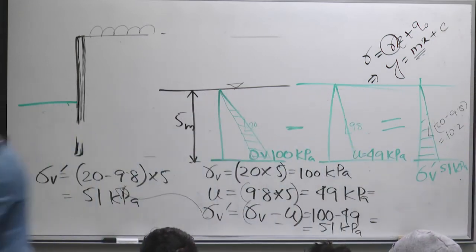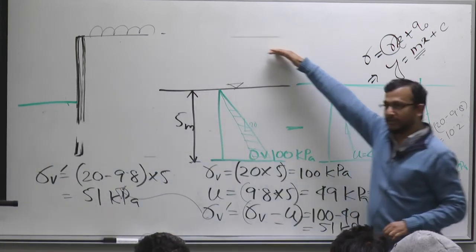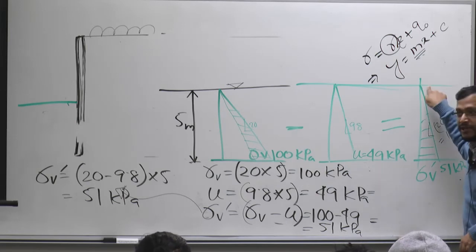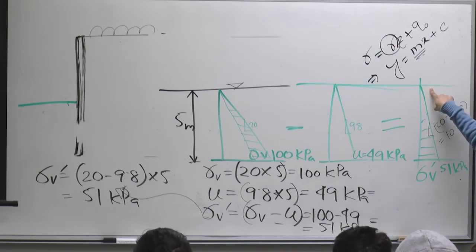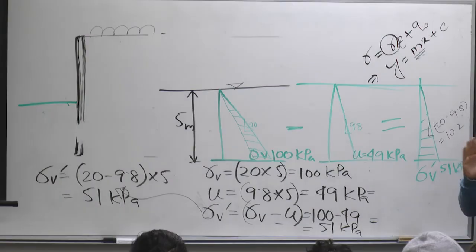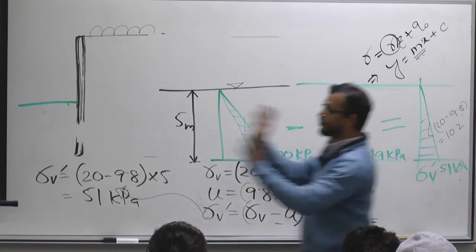Something like that. Now, if we want to draw the pressure diagram, keep in mind, if we have something above the water table, it will come through a slope. But once it hits the water pressure line, from this diagram we can see the slope should change at that line. That is very important. That should be there.